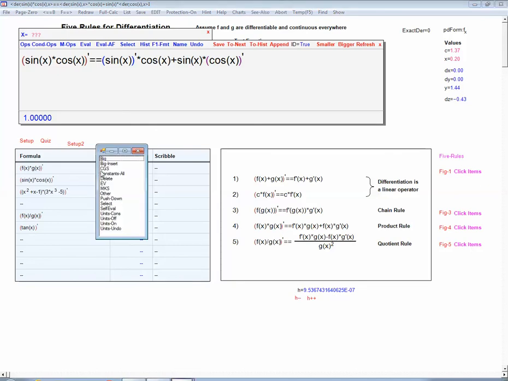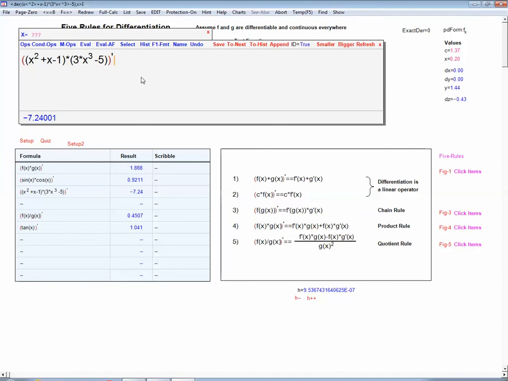And what about this one, the last one for the product rule? Again, you just take the two functions and you repeat them. Well, in this case, I'm not going to do that. I'm going to combine those steps. So the derivative of the first one is going to be 2 times x plus 1. And now I multiply that times 3 times x cubed minus 5.